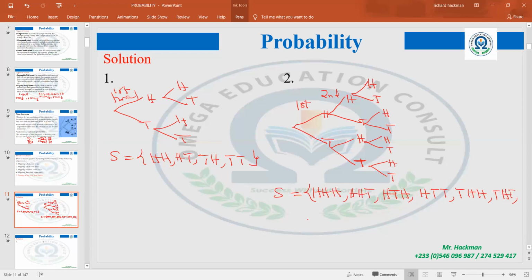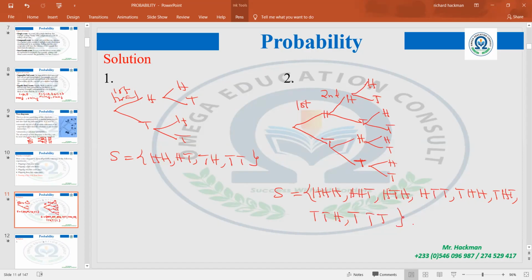Laureen. Tail, tail, head. Then let me see who has not been on my radar. Tail, tail, tail. Okay, no, you've done tail, tail, head. Then now tail, tail, tail.